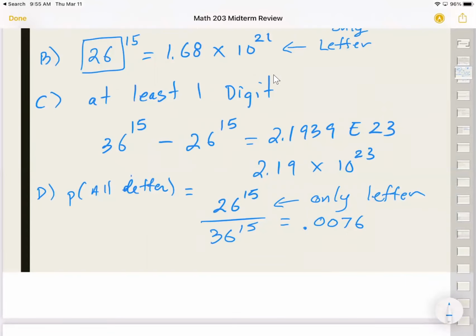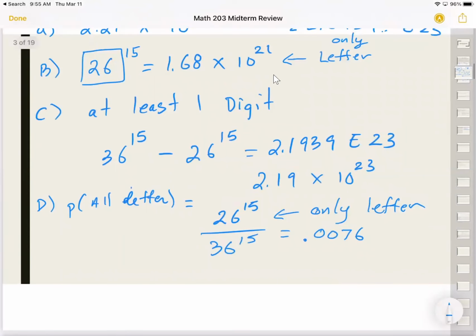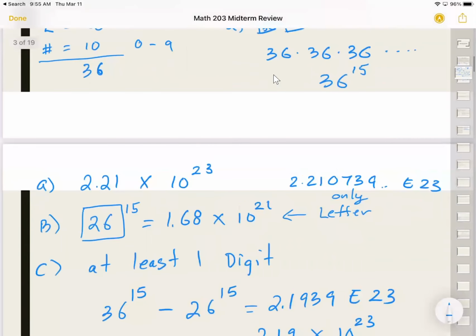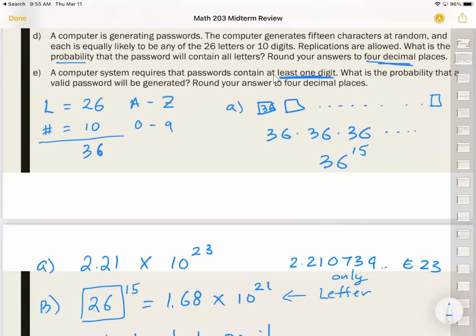And the last one, they ask you to find the probability that the computer requires a password with at least 1 digit. How do I find the probability here?